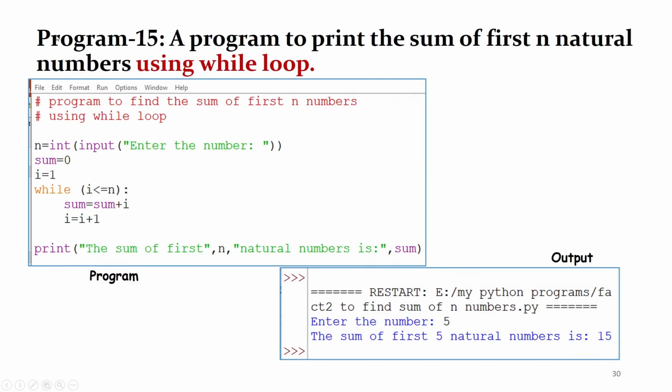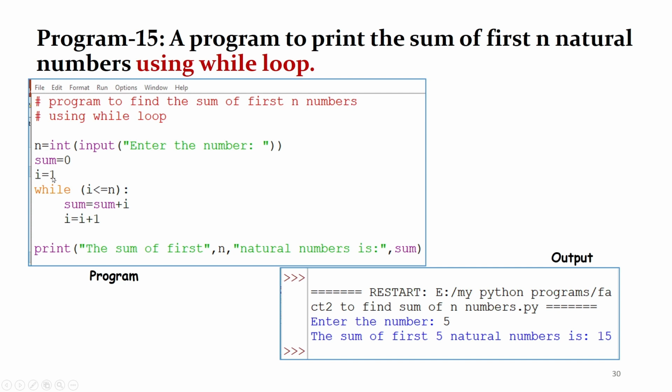In this program we are calculating the sum of first n natural numbers using while loop, and in the factorial we were multiplying, or we can say we were finding the product of first n natural numbers. So here I will accept the value in n, then I will initialize sum to 0.